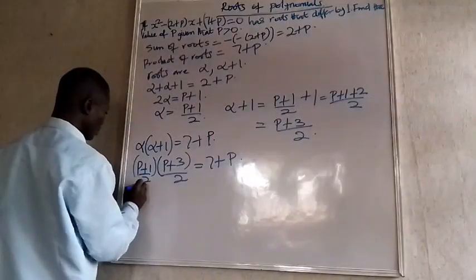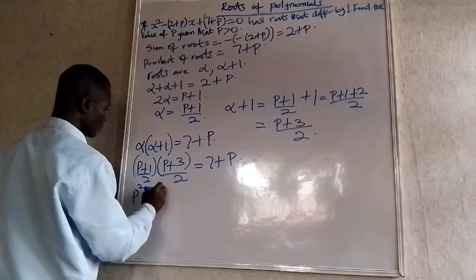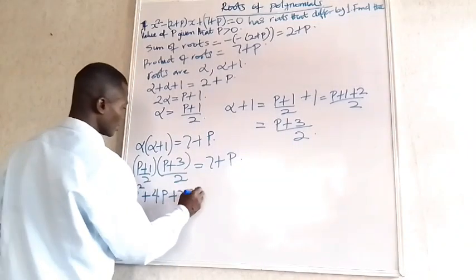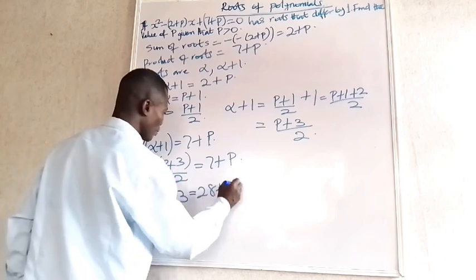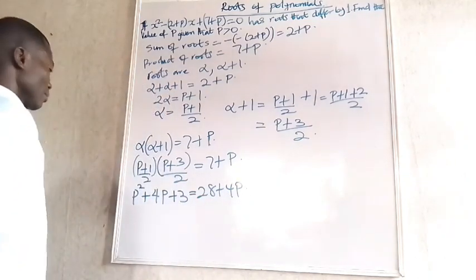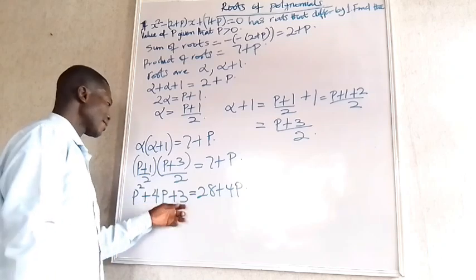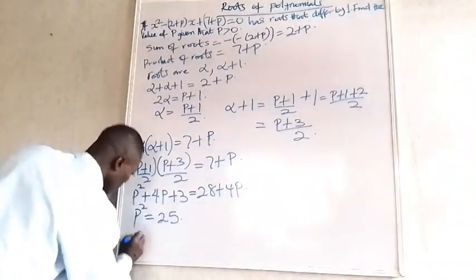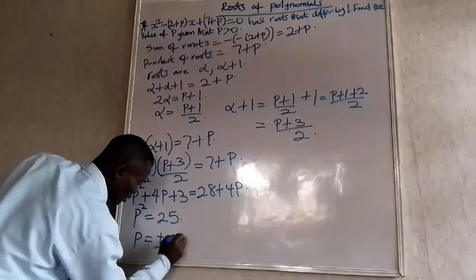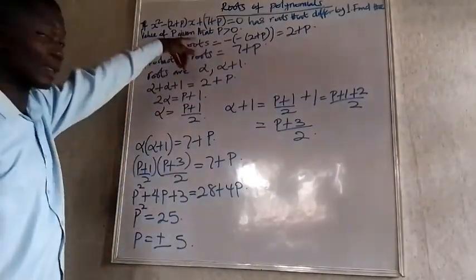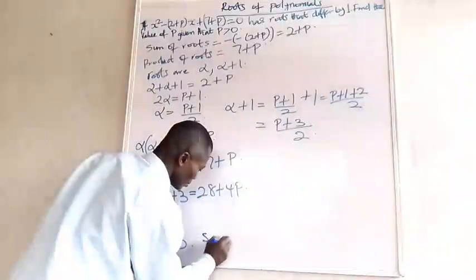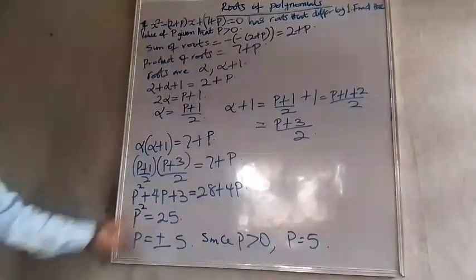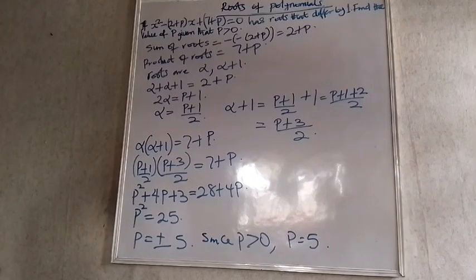So it's going to be p squared plus 4p plus 3 is equal to 28 plus 4p. Now, subtract 4p from both sides and 3 from both sides. We are going to have p squared is equal to 25. So p is equal to plus or minus 5. And we are told that p is greater than 0. Since p is greater than 0, p is equal to 5. So you can see, that's another way of using the knowledge we got.